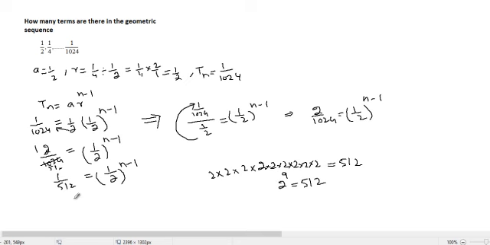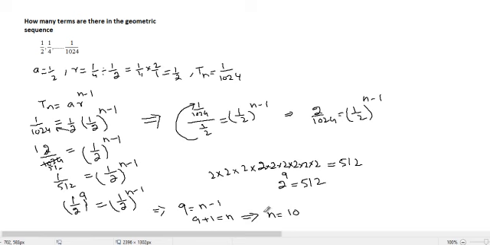So this will be 1 over 2 whole power 9 is equal to 1 over 2 whole power n minus 1. So we have the same base, so the powers are the same. 9 is equal to n minus 1, and 9 plus 1 equals n. This implies that n equals 10. So this is our required answer.